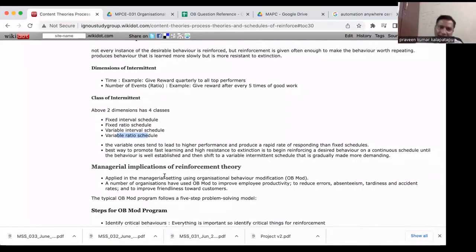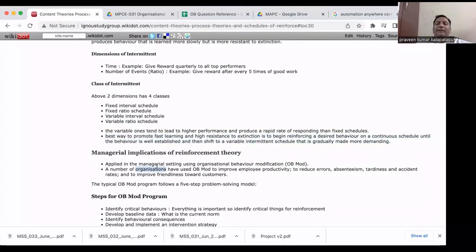Ratio is nothing but the number of events. So the same fixed and variable, you can do for time and also for events. This is the best way to promote fast learning, and it is something which is sustainable when compared to the continuous one.